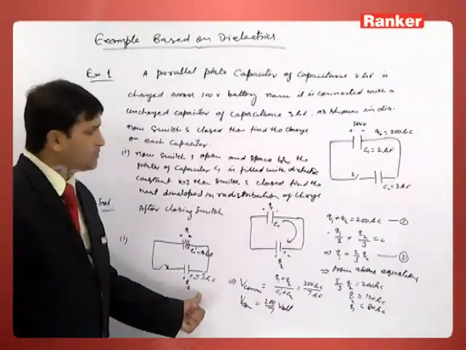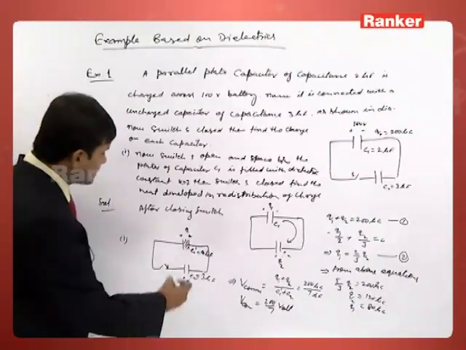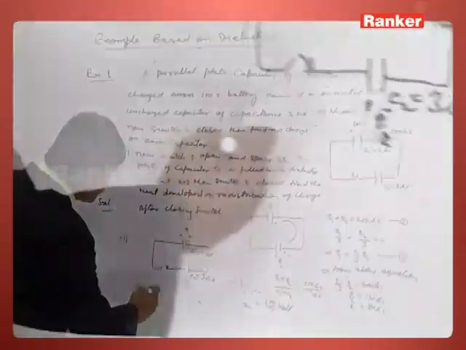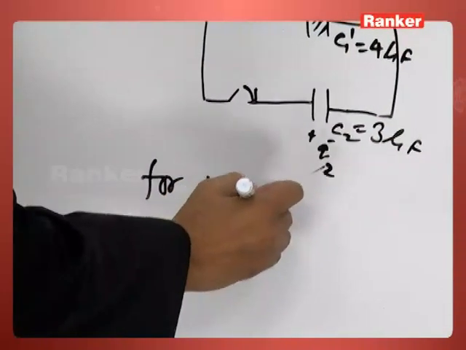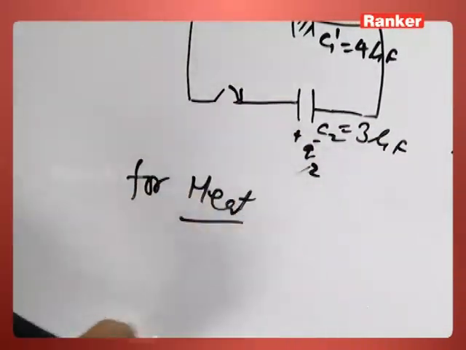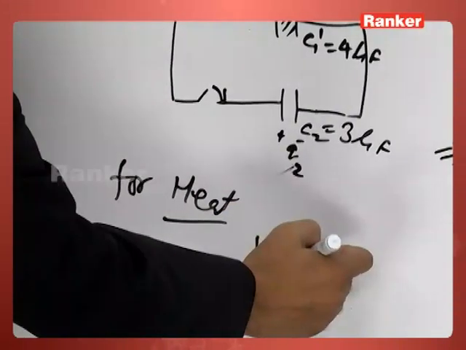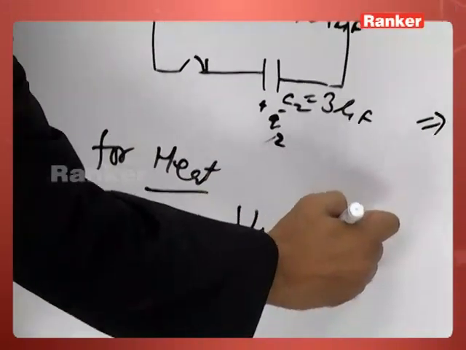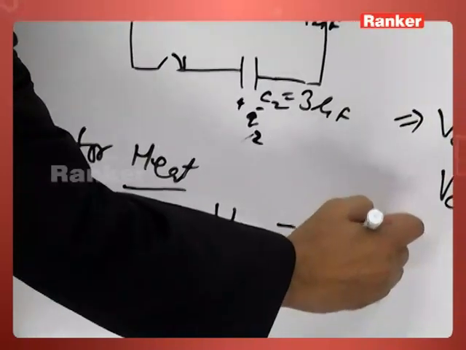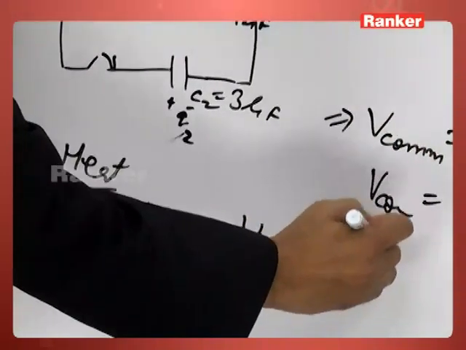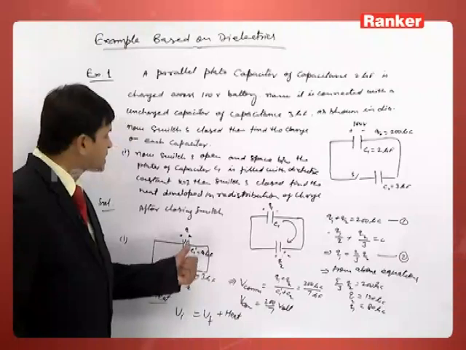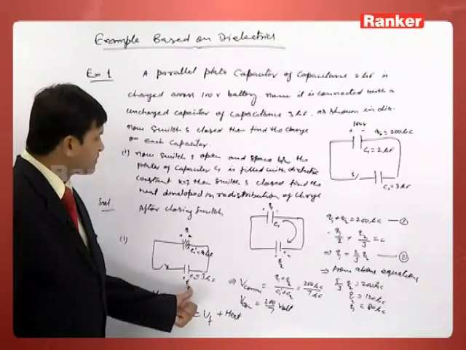After that we can calculate the heat. So for heat we can use the equation: initial energy stored in the system, here no battery, no work done, is equal to final energy plus heat. So initial energy means when the charge was Q1 and Q2.